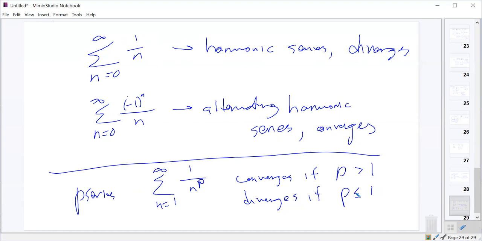So the case where it's equal to 1 is your harmonic series. The case where it's less than is if you got like a root down there or a negative exponent, which would just bring it to the top and clearly show that it gets bigger. But if p is greater than 1, like n squared or n to the 1.7 or something, it's going to converge. Everybody good there?